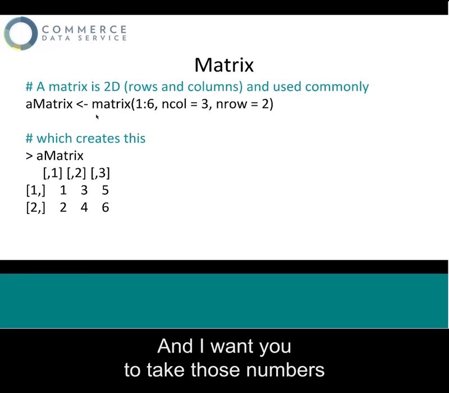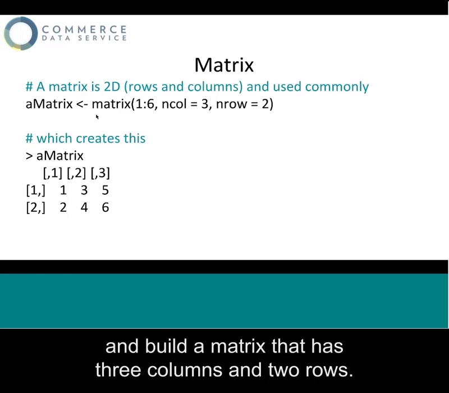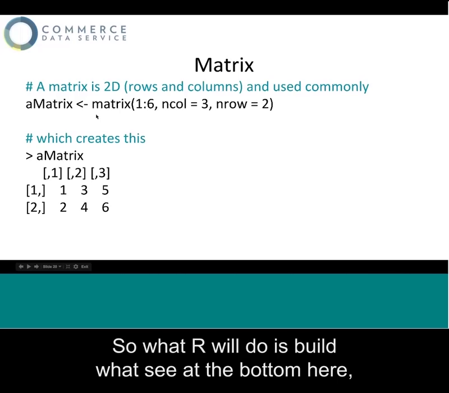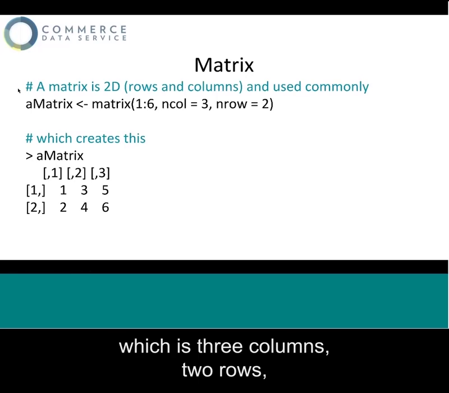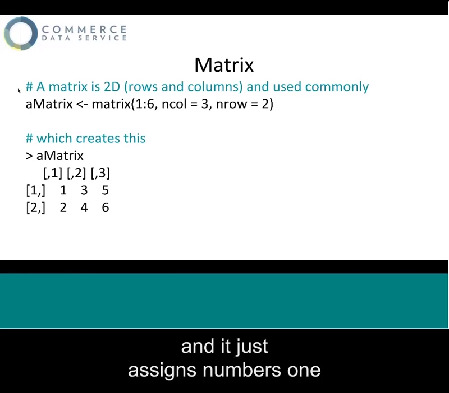And I want you to take those numbers and build a matrix that has 3 columns and 2 rows. So what R will do is build what we see at the bottom here, which is 3 columns, 2 rows, and it just assigns numbers 1 through 6 along each column.